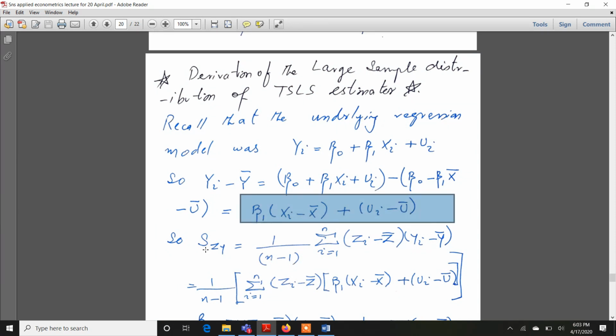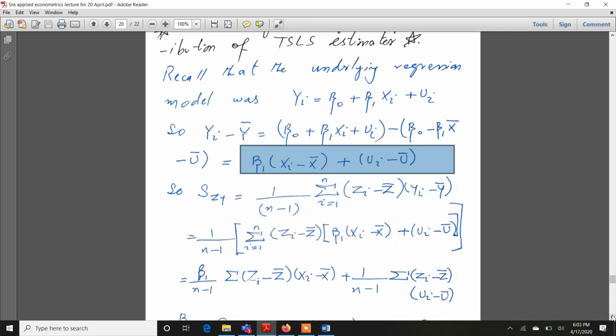The covariance between z and y is defined by the formula: the summation of the cross product term, the first variable minus its mean times the second variable minus its mean, divided by n minus 1, because we have samples. So now instead of yi minus y bar, I write this entire quantity here.